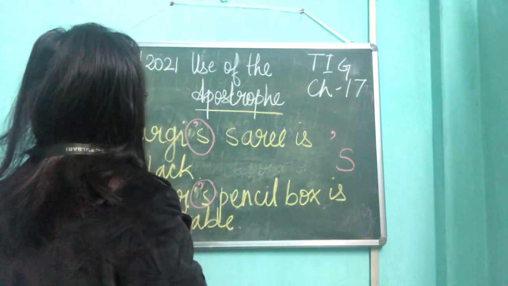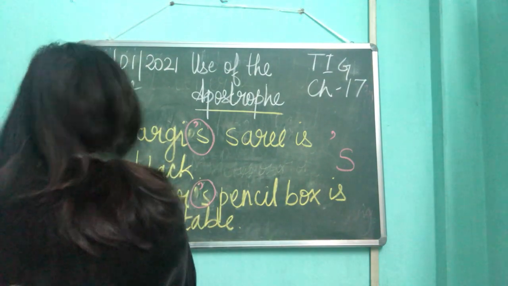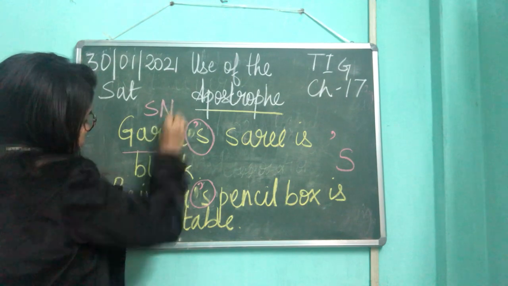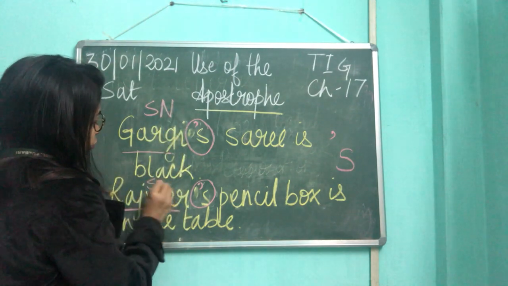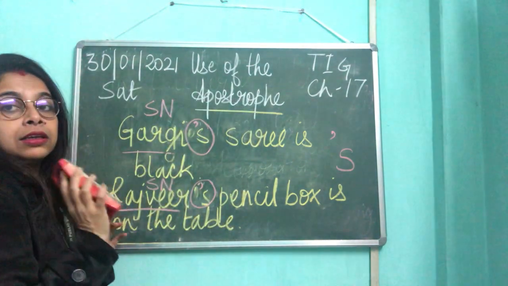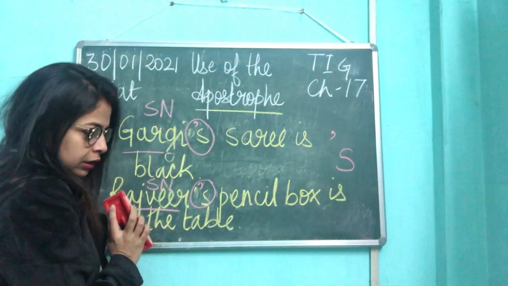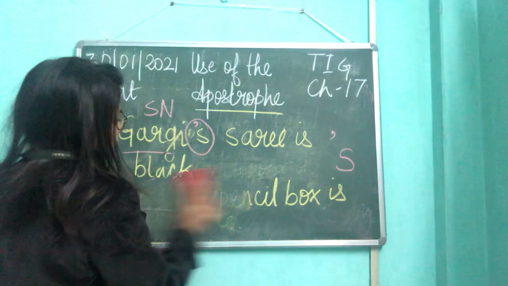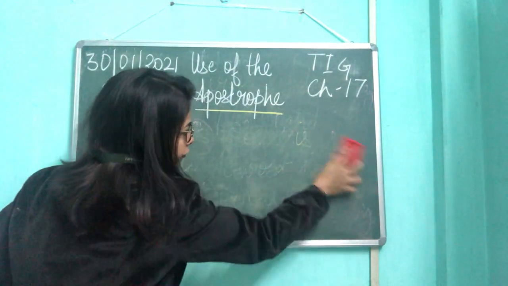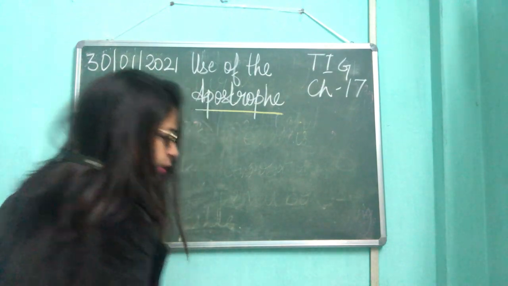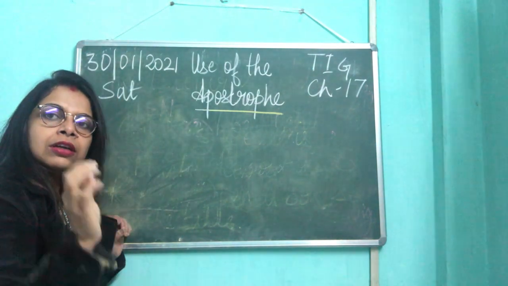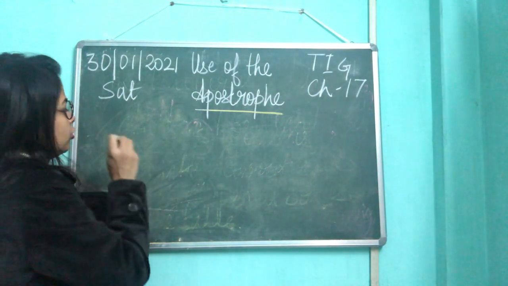Now, have you seen, this is a singular noun. Rajveer is a singular noun, okay? So SN basically means a singular noun. Now, supposing you have a lot of nouns, if it's a plural noun, how will you do that?